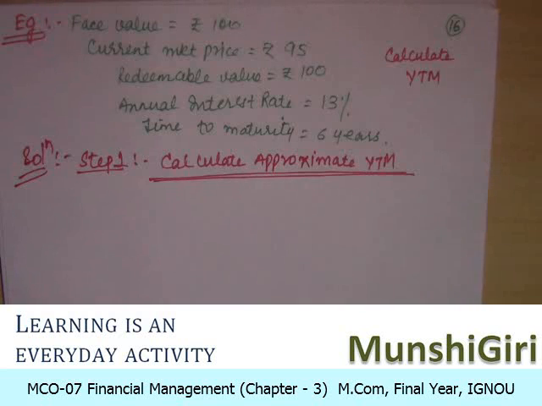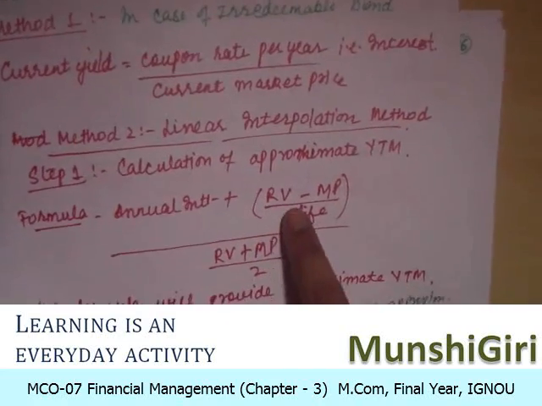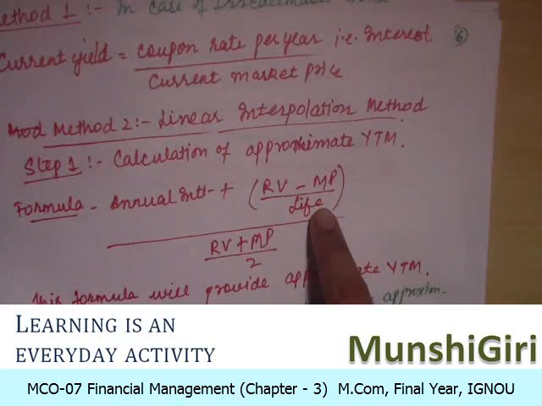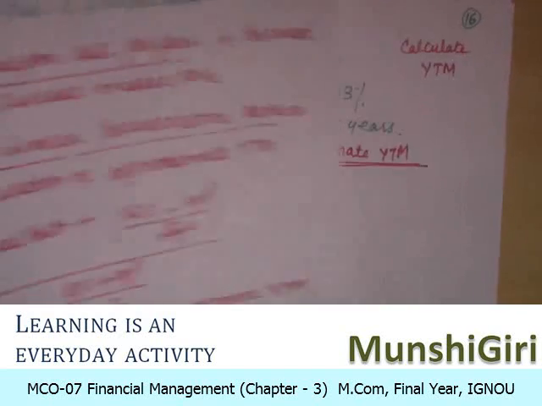The formula was annual interest plus redeemable value minus market price divided by life, the whole thing divided by redeemable value plus market price divided by 2.